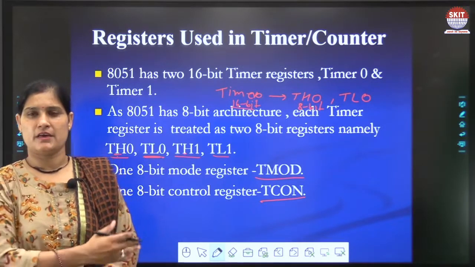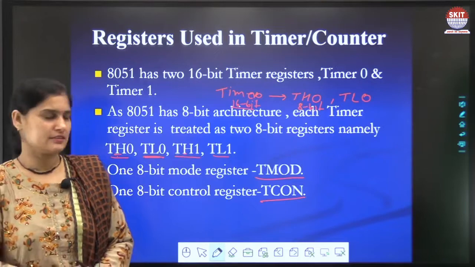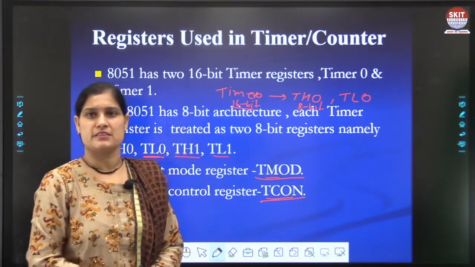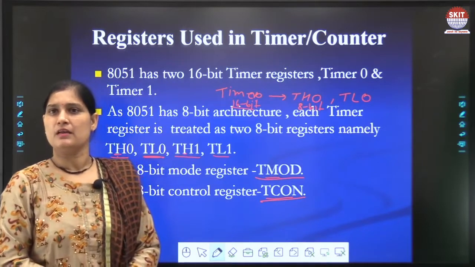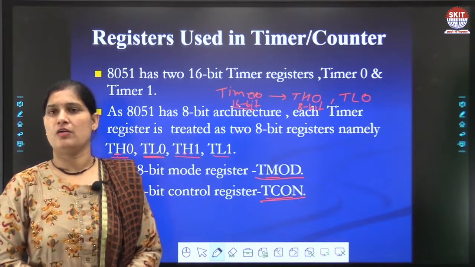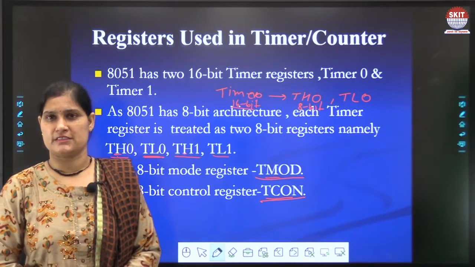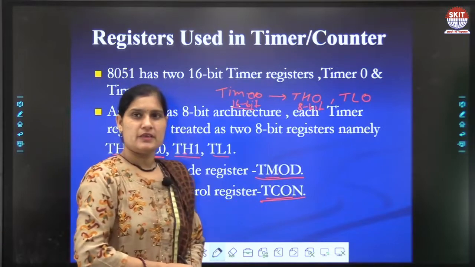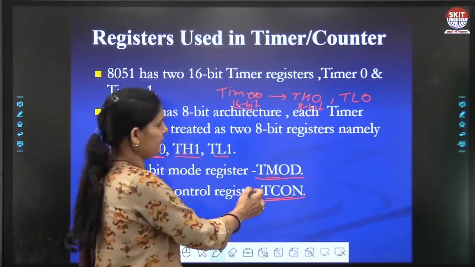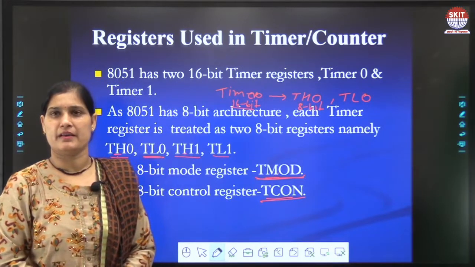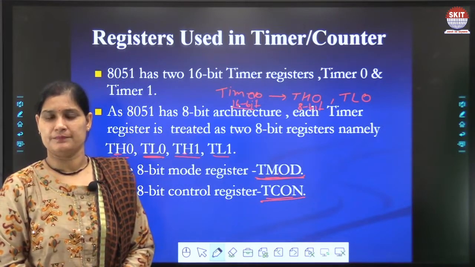TMOD means timer mode register, and TCON means timer control register. Both are 8-bit registers, and these are two important registers associated with the timers of the 8051 microcontroller.